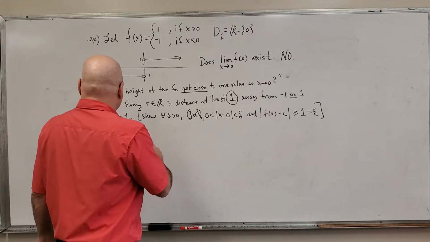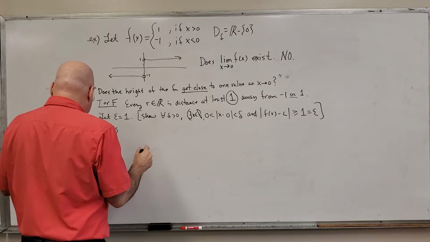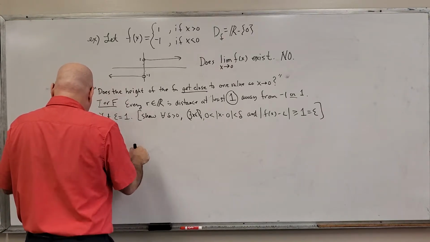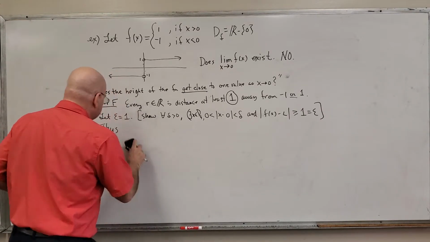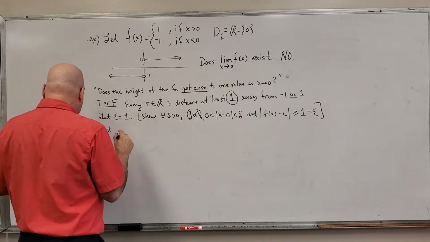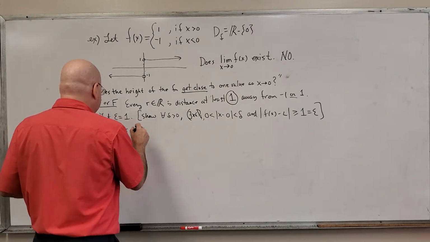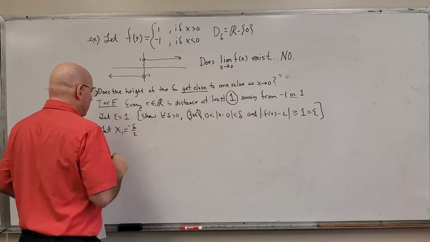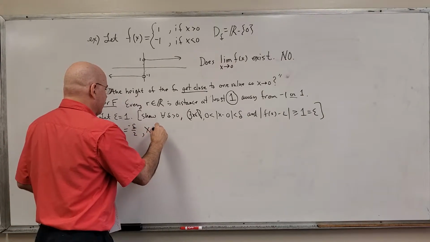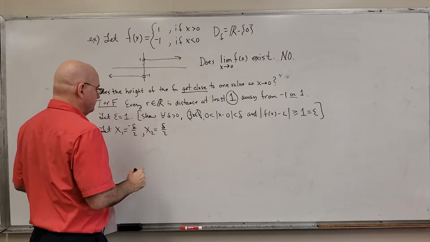All right, let epsilon equal 1. I'm going to choose 2 points. Let's let x1 and x2 have values. x1 is going to have the value negative 1/2 of delta, and x2 is going to have positive delta over 2.